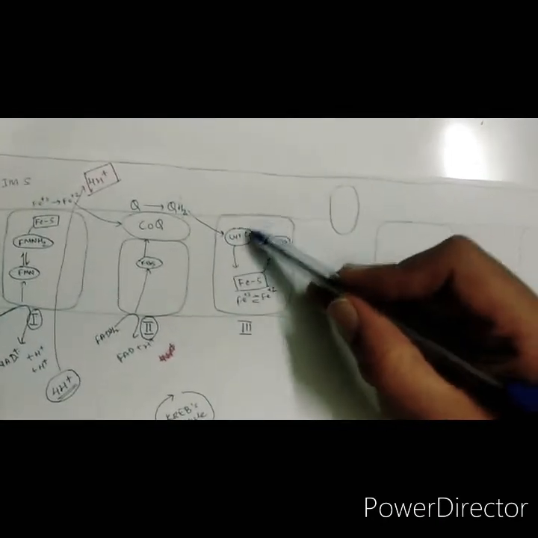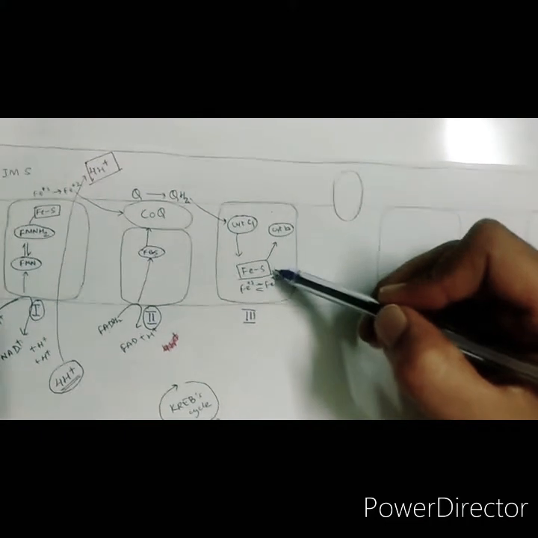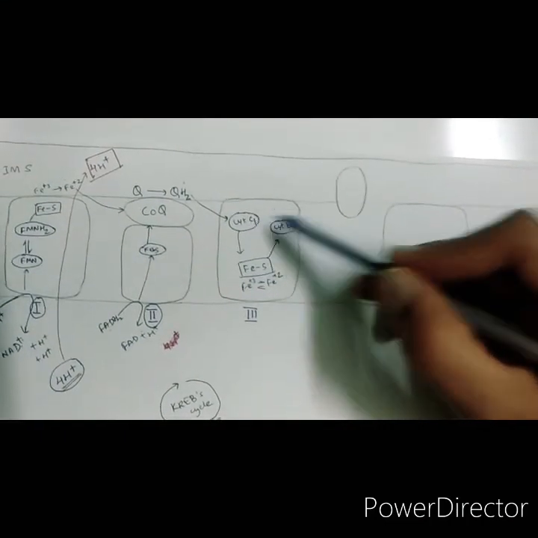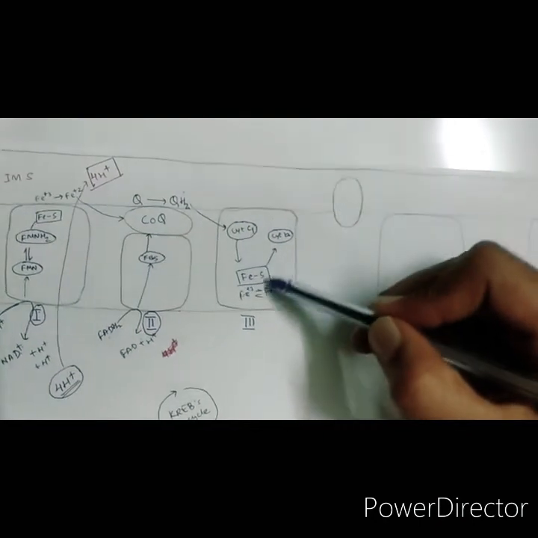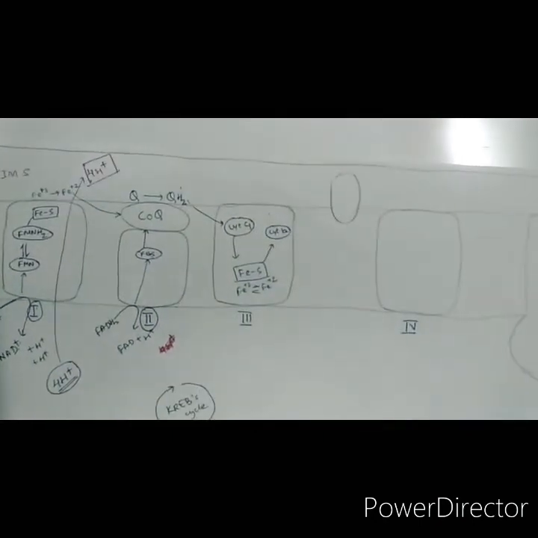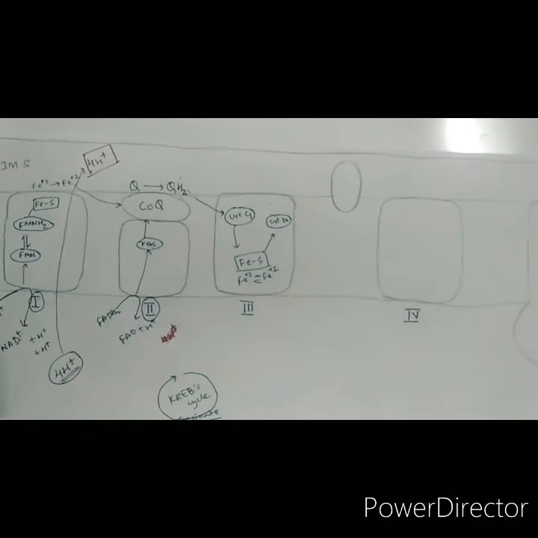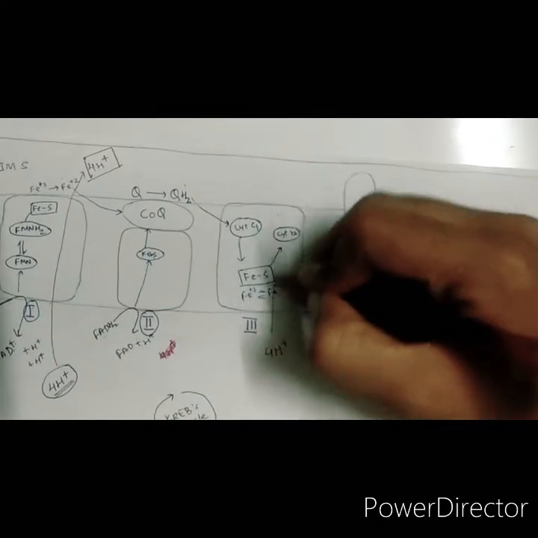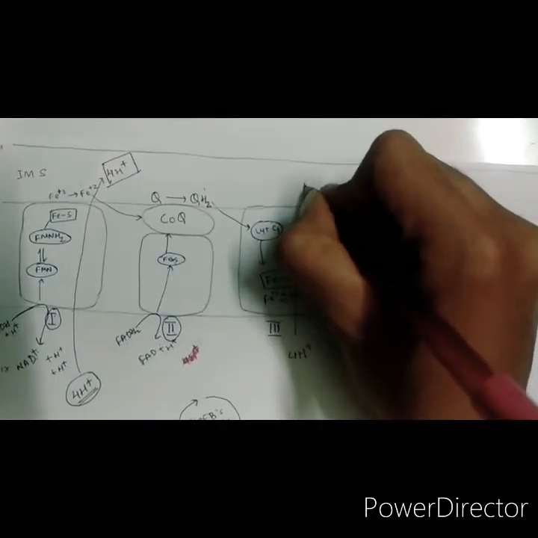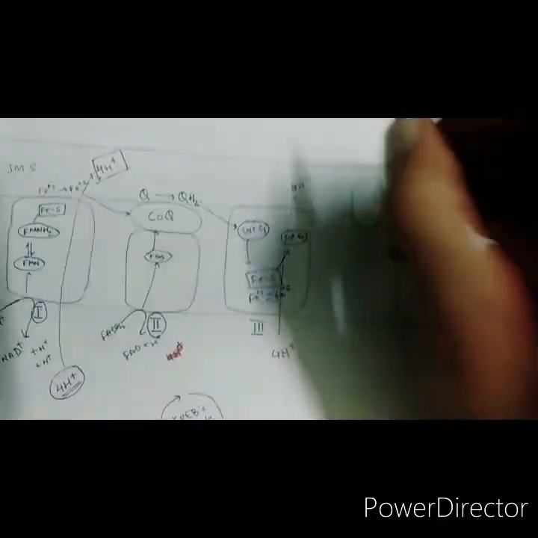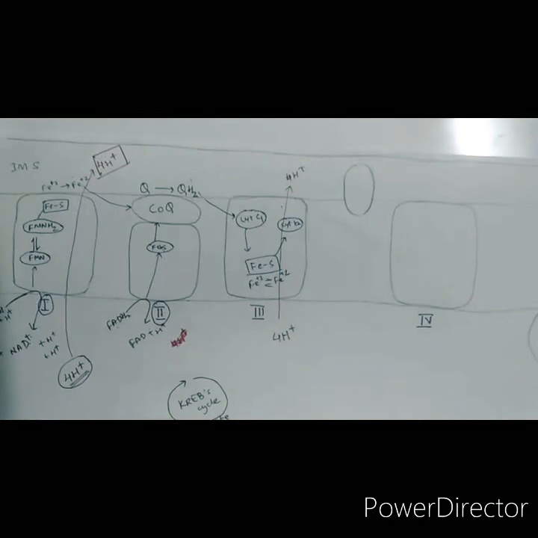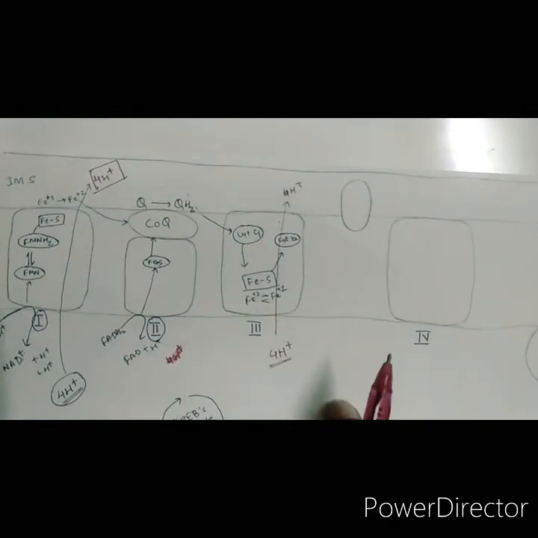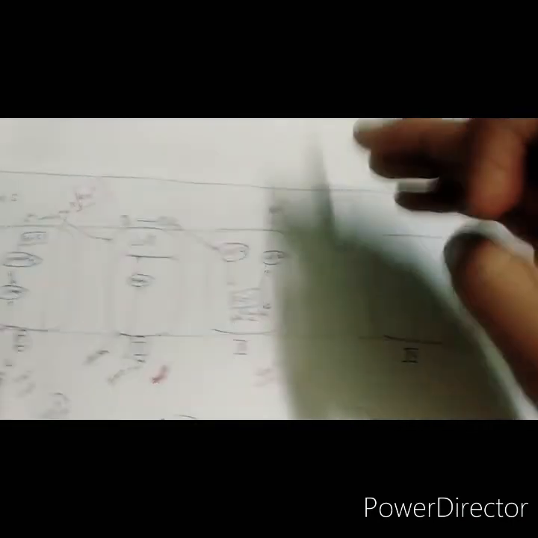Now whatever energy is generated during this third complex reaction, that is, the transfer of electrons from cytochrome C1 to cytochrome B via iron sulfur proteins, results in the pumping of 4 protons from the mitochondrial matrix into the intermembrane space.